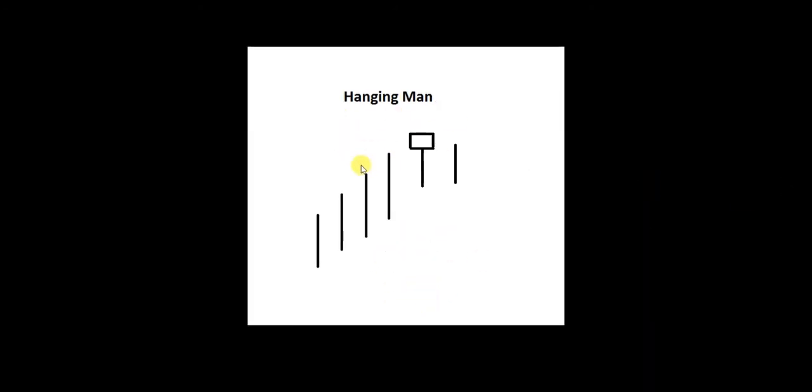Okay, but you can see something like this in the downtrend, but the name is not hanging man. This type is the same as a hammer, but at the end of the downtrend the candlestick's name is hammer, while this candlestick at the end of the uptrend is hanging man.